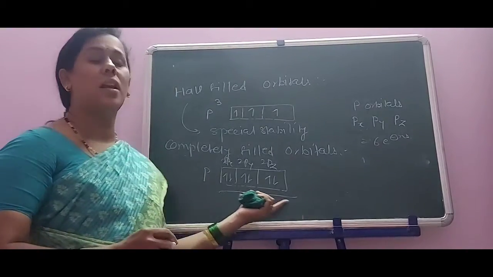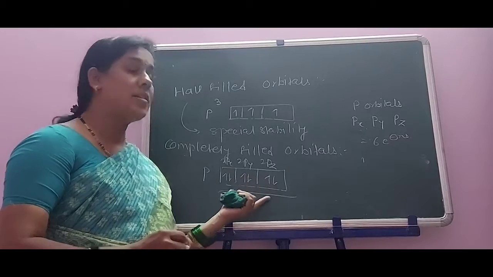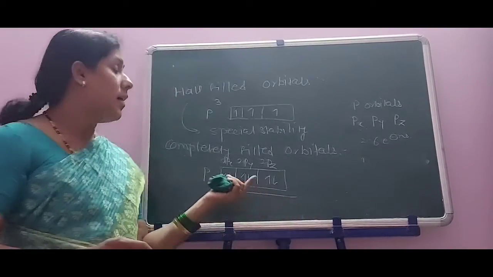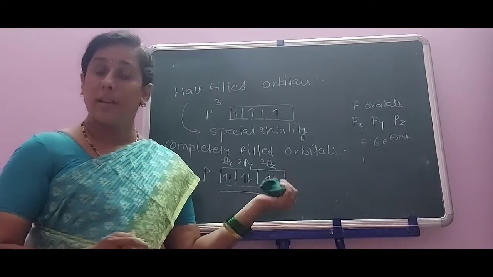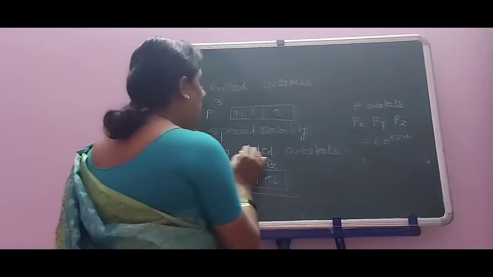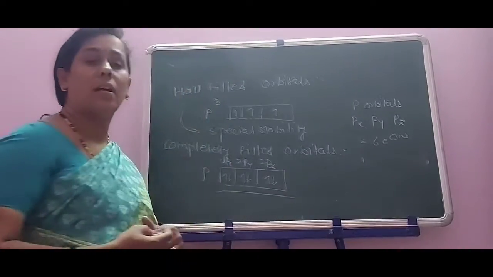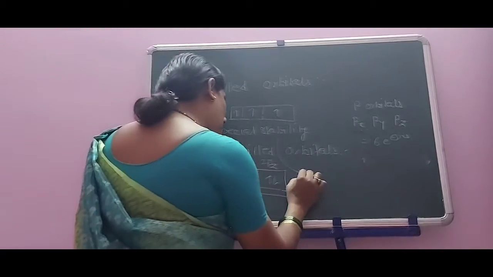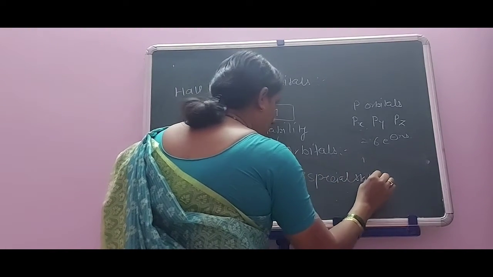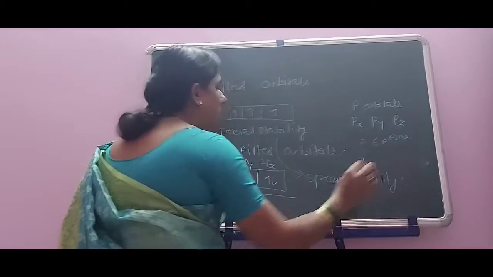When these 6 electrons are accommodated in these 3 orbitals, the orbitals are completely filled with parallel and opposite spin. At that time this p orbital is called completely filled, and it also acquires special stability.